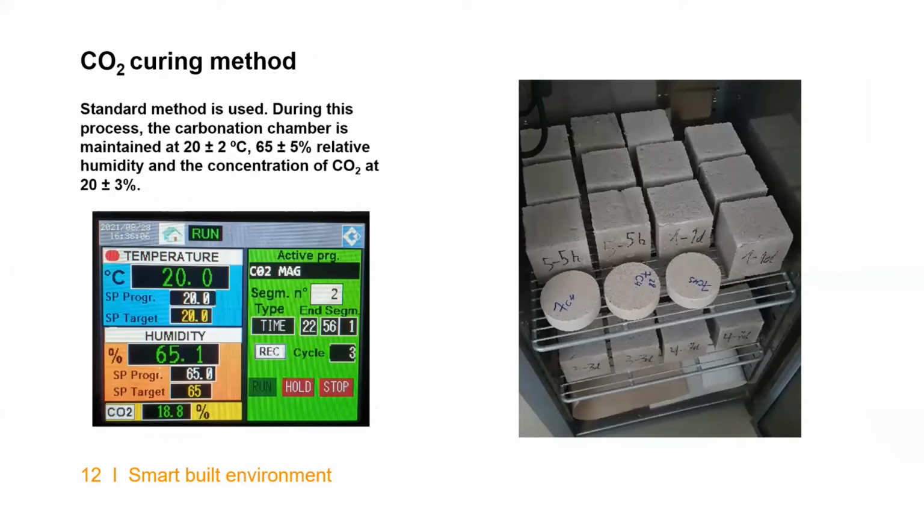After samples were hardened enough to take them out of the forms, they were put in the carbonation chamber. During this process, the carbonation chamber is maintained at 20 degrees Celsius, 65% relative humidity, and a carbon dioxide concentration of 20%.